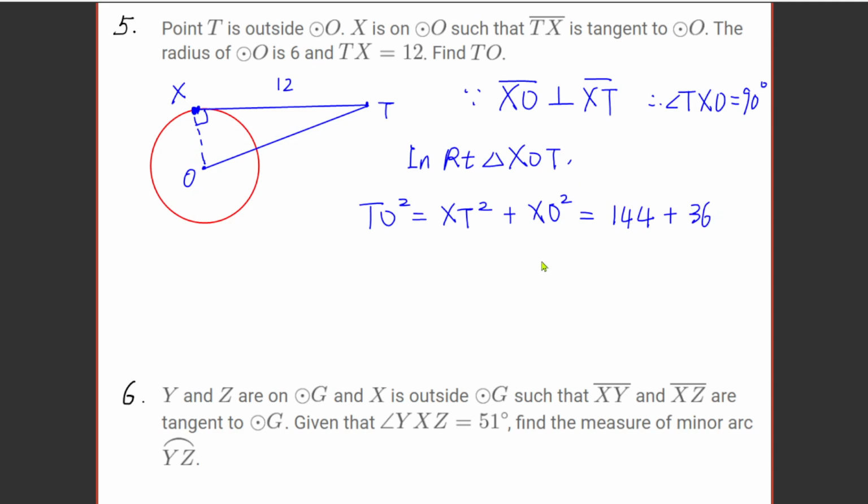So 6 squared is 36. So that gives us 180, right? Therefore, we know the length of TO equals square root of 180, and this gives us 6 times square root of 5. You get it? A pretty straightforward question, right?